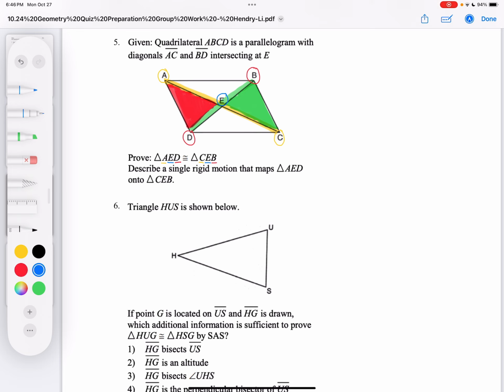So we're going to write that triangle AED rotated 180 degrees, and this can be clockwise or counterclockwise because remember, it doesn't matter which direction you go for 180 degrees.